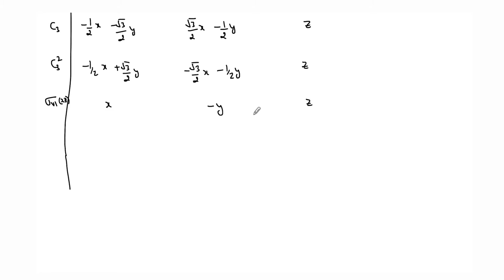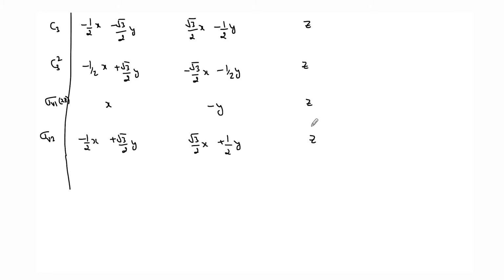So x and z do not change, y goes to minus y. This is simple. Now for sigma v2, we have the matrix, so we'll just use that. Minus half x plus root 3 by 2 y, root 3 by 2 x plus half y.